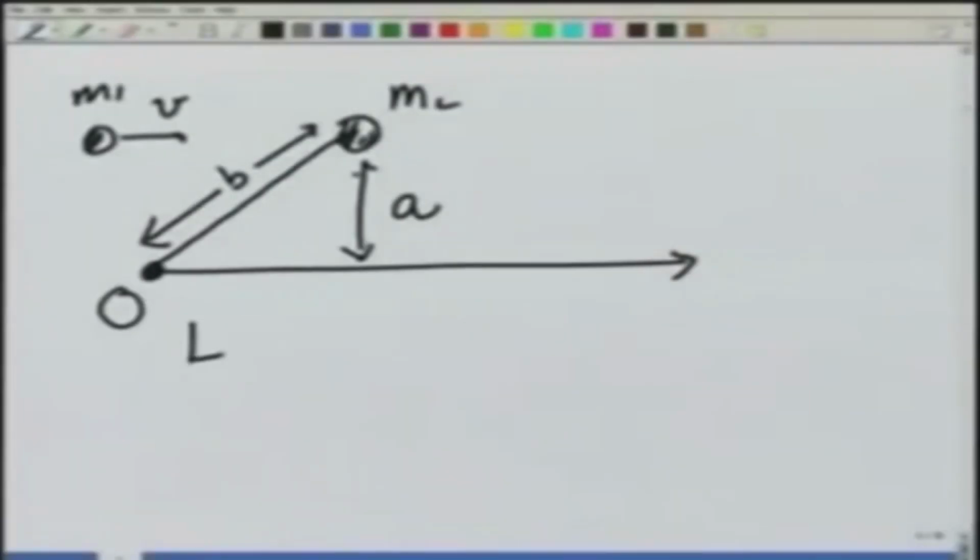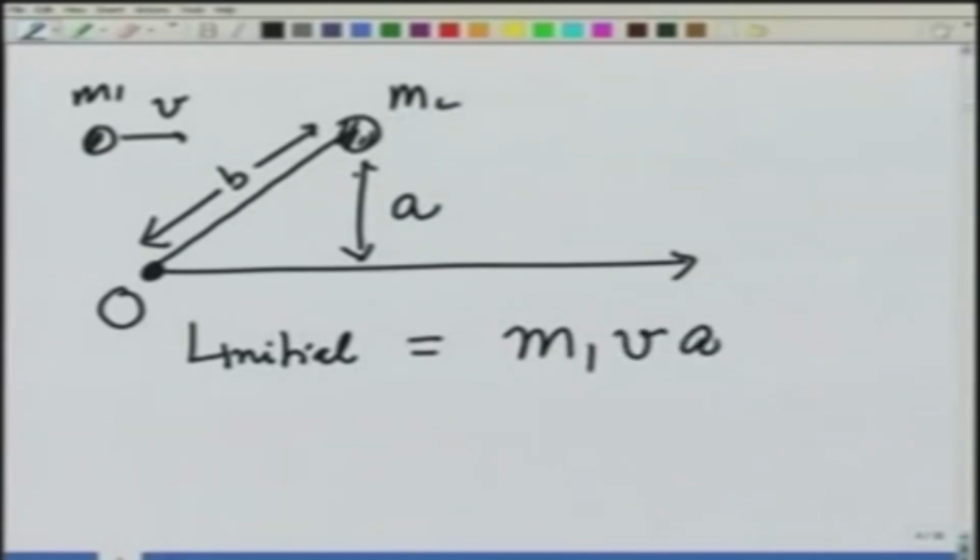So, it is only about point O that the angular momentum is conserved. So, L initial, by definition of L, is going to be, m2 is not moving, so it does not contribute, only m1 v times a. You can check for yourself, this is equivalent to m1 r1 cross v1, where r1 is a vector describing the position of particle 1, and the direction is going to be into the page.